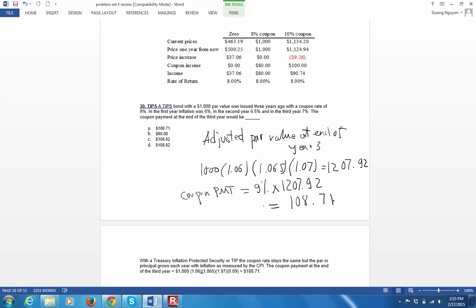Without adjusting for inflation, the coupon payment every year would simply equal $90, because it's 9%. But because the par value is no longer $1,000, the par value at the end of year 3 is now $1,207.92. Therefore, the coupon payment is 9% of that par value, which is equal to 108.71.